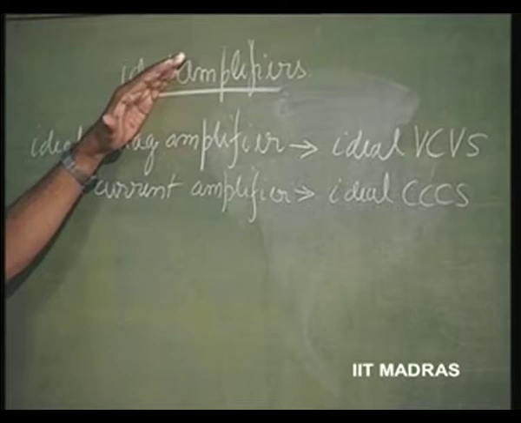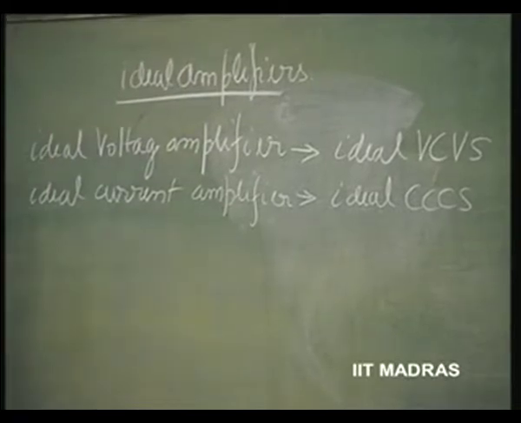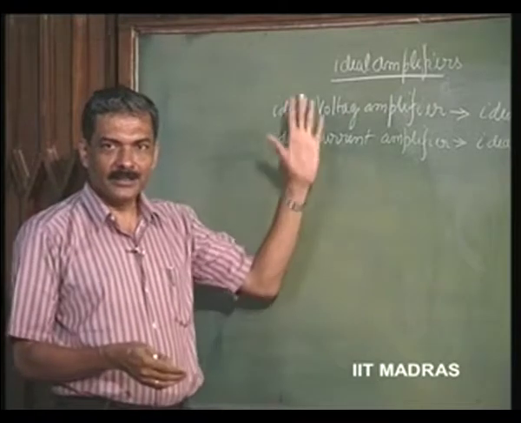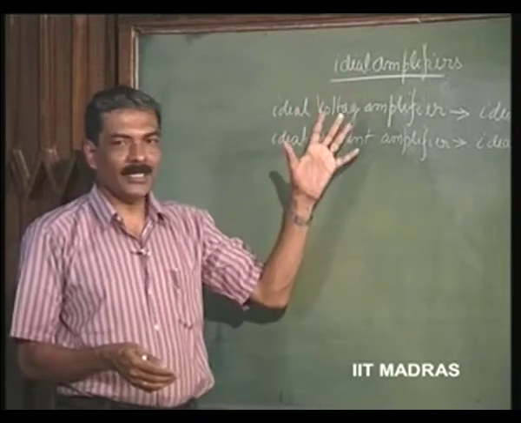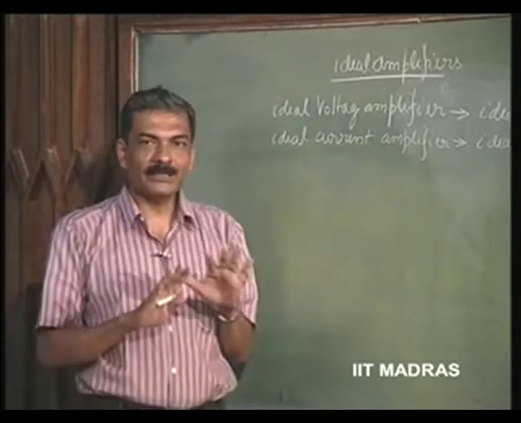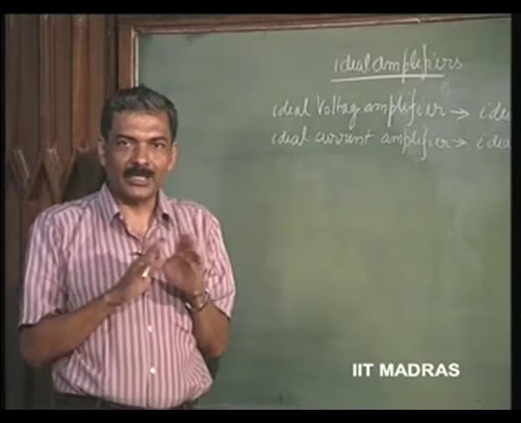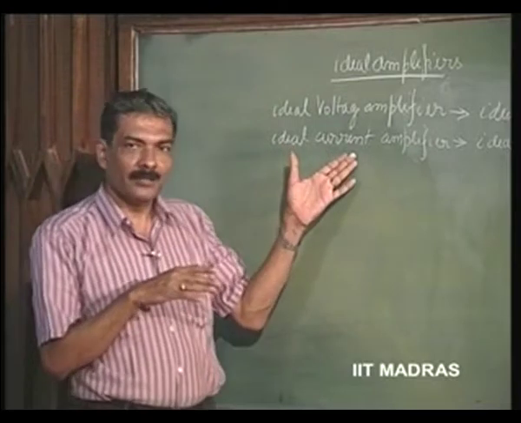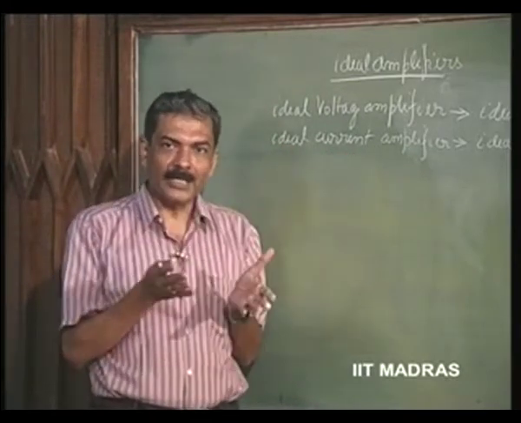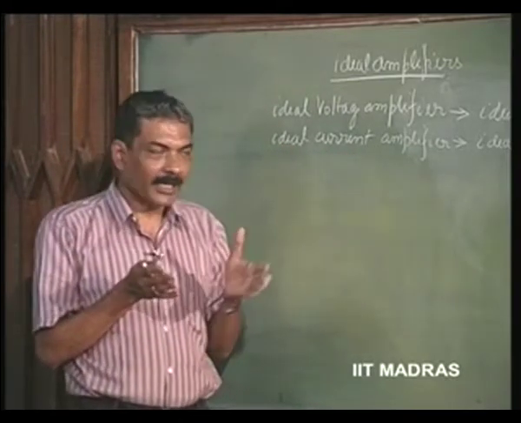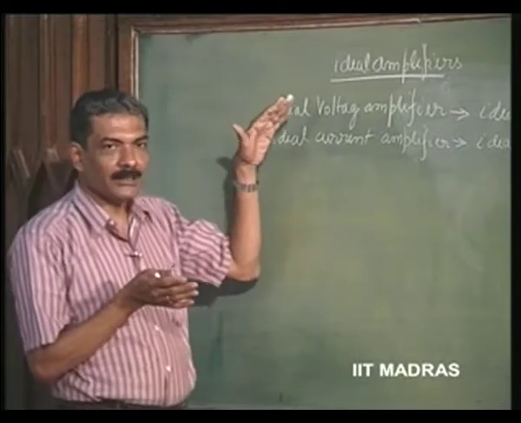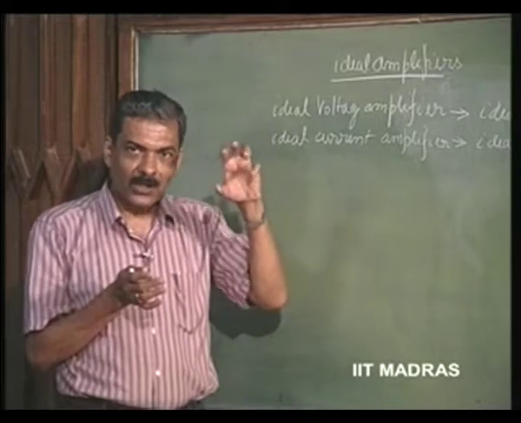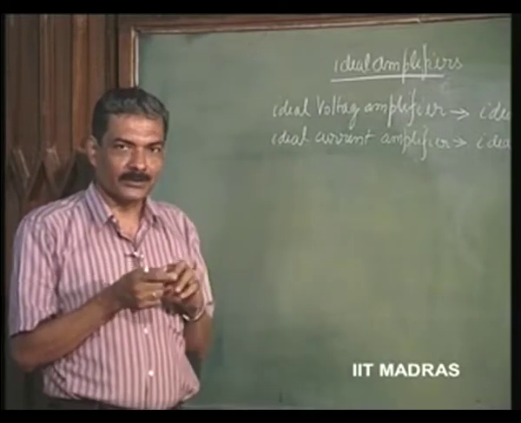Just as an ideal voltage source cannot be represented in terms of an ideal current source, these voltage amplifiers and current amplifiers are unique by themselves. They cannot be represented by the other method. But a non-ideal amplifier, on the other hand, can always be represented as a voltage controlled voltage source or current controlled current source.